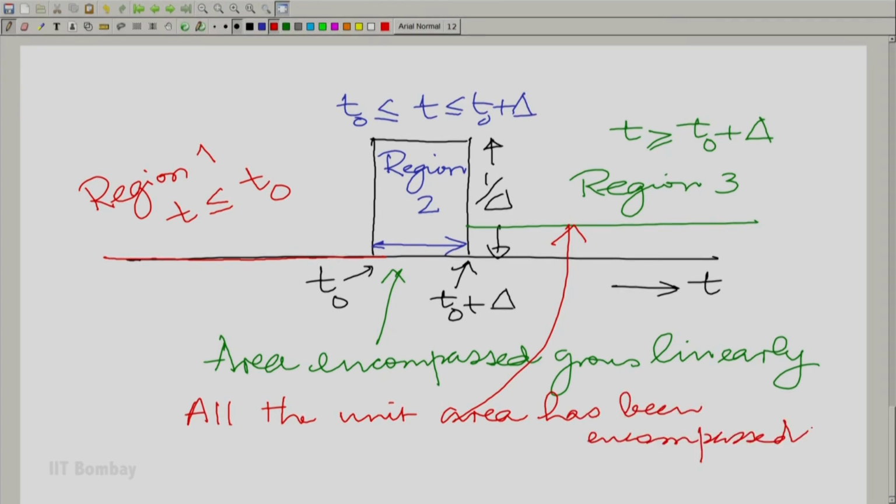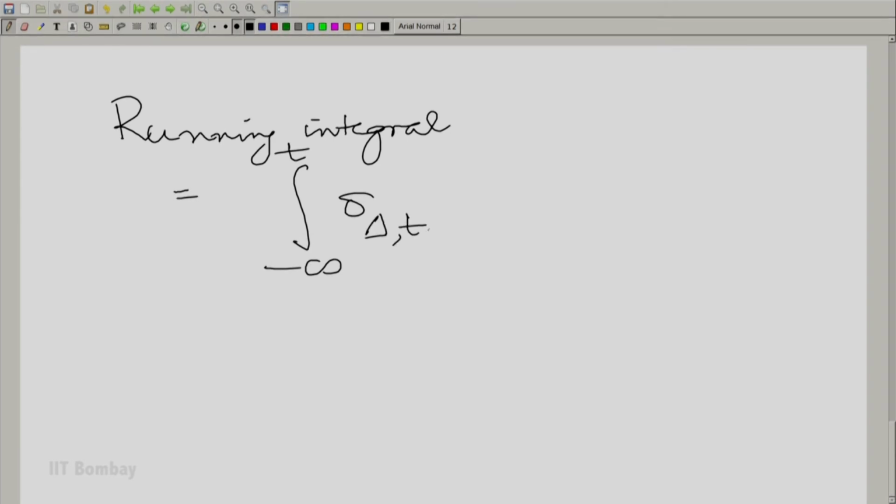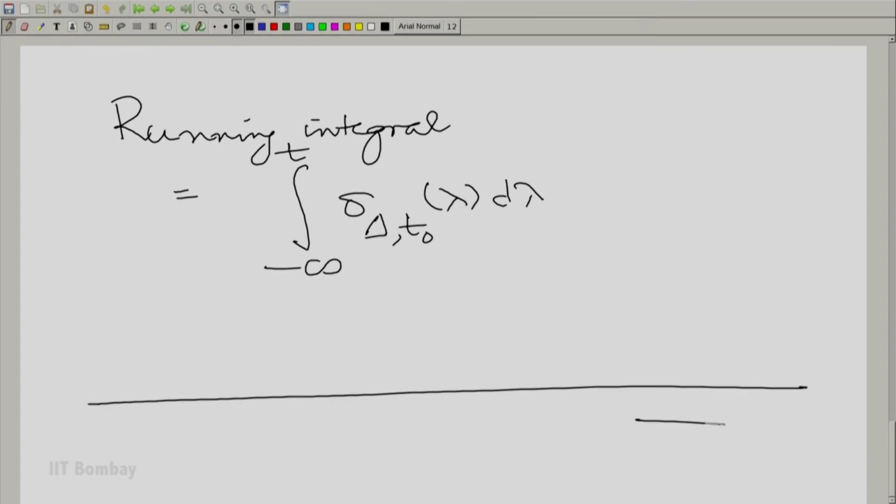and therefore, we can now draw the running integral. So, the running integral is the integral from minus infinity to t of delta(lambda minus t0) d lambda, and can be drawn as follows. Up to t0, that integral is 0.